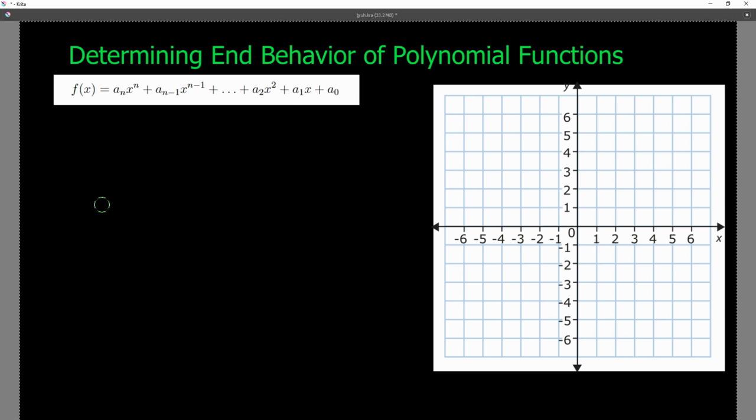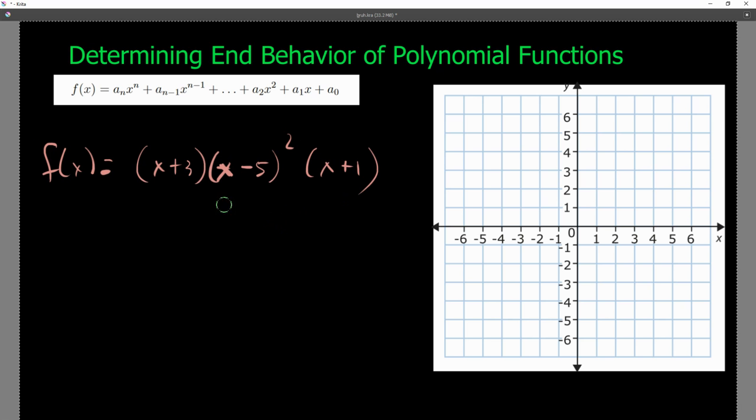Let's actually sketch something out. I have f of x equals x plus 3, x minus 5 squared, x plus 1. What is the order here? The order is the largest exponent on x. But here, these are not multiplied out. These are factors, so you have to imagine what happens if you multiply them out. This is first degree.